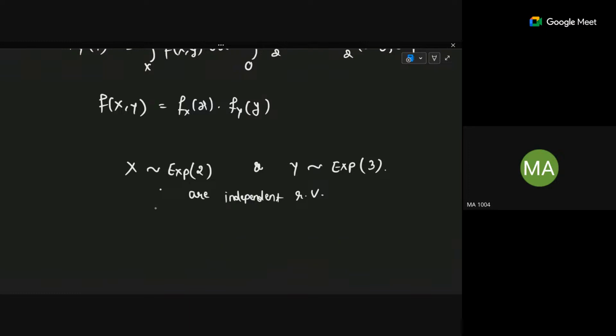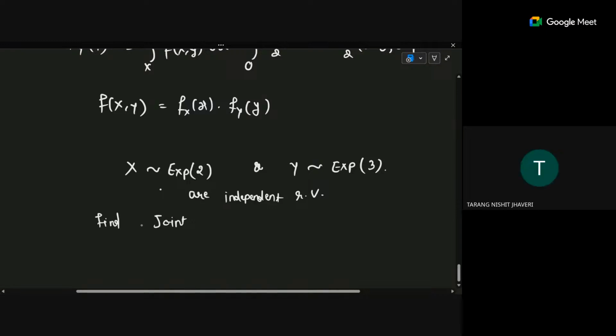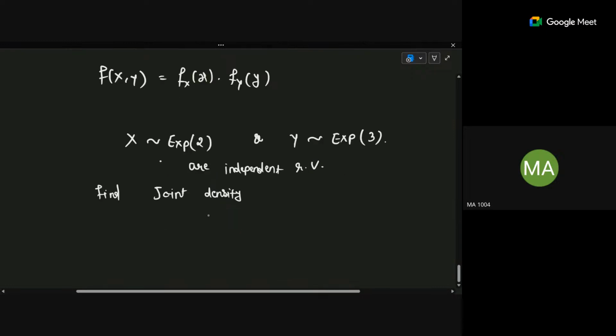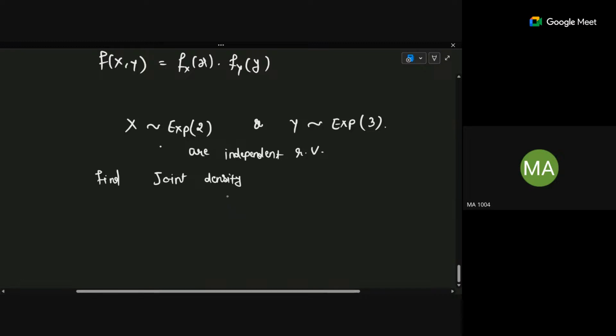If I ask you what their joint density is, will you be able to find it? Multiplication of both the marginals. Okay, just check it. And what will be the probability that x is greater than twice y?